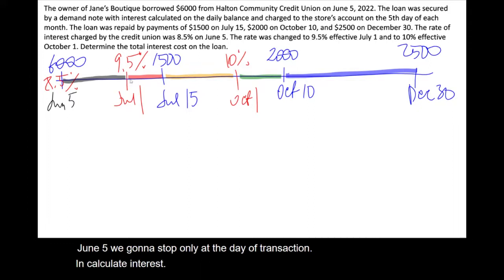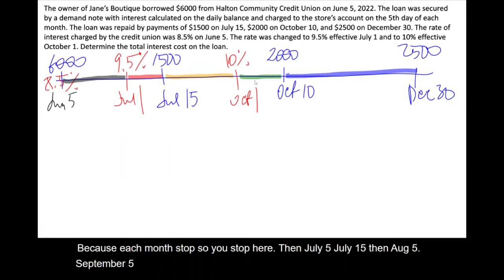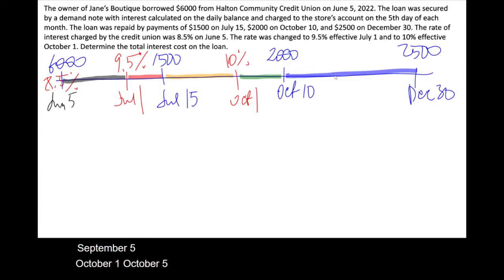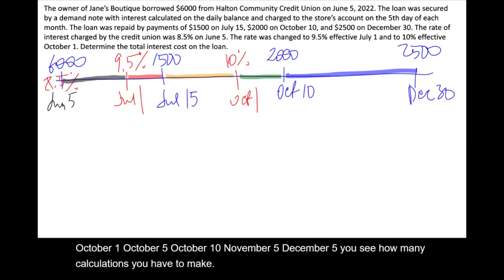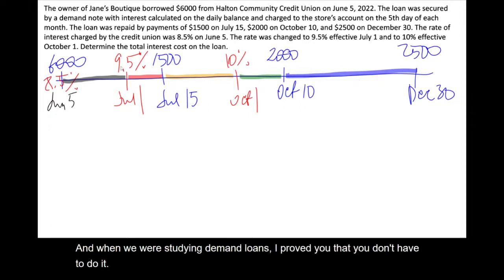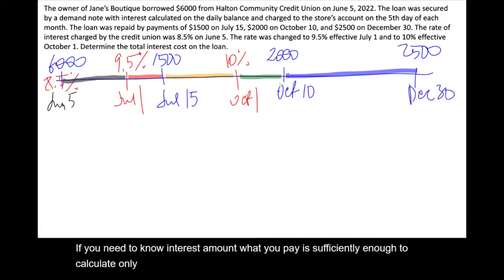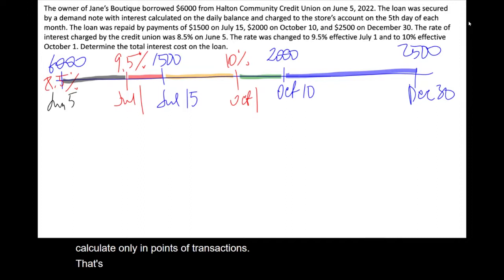Otherwise you stop June 5, July 5, July 15, August 5, September 5, October 1, October 5, October 10, November 5, December 5. You see how many calculations you would have to make? When we were studying demand loans, I proved to you that you don't have to do it. If you need to know the interest amount you pay, it's sufficient to calculate only at the points of transactions. Okay, thank you.